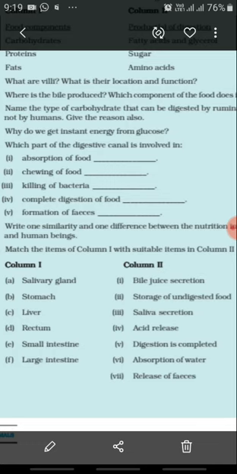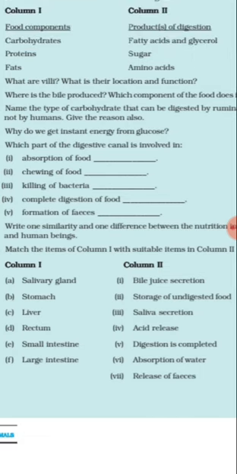Rectum stores the undigested food, so the answer is option 2, storage of undigested food. Small intestine, as you know, digestion is completed in the small intestine. Large intestine, absorption of water and the release of feces, that is the extra option given.